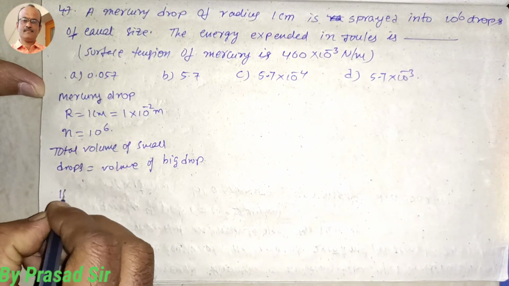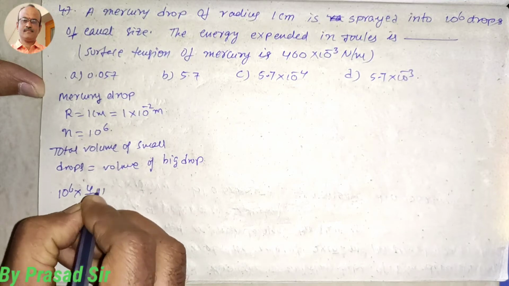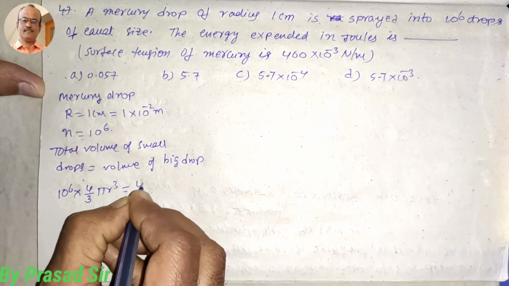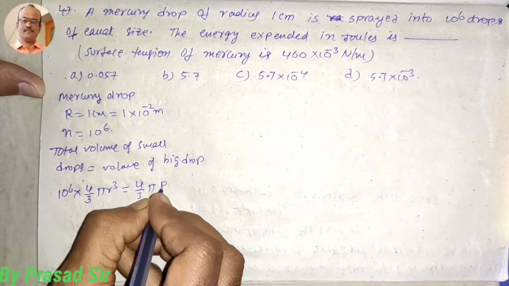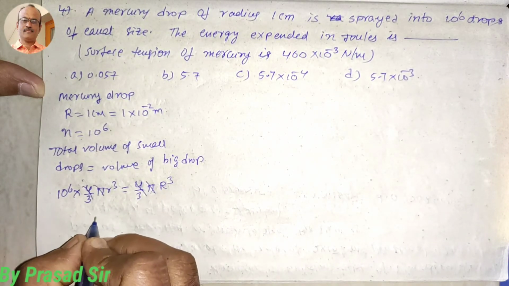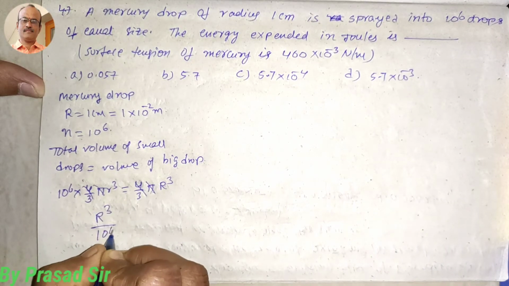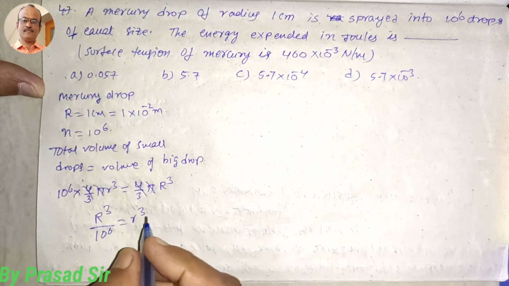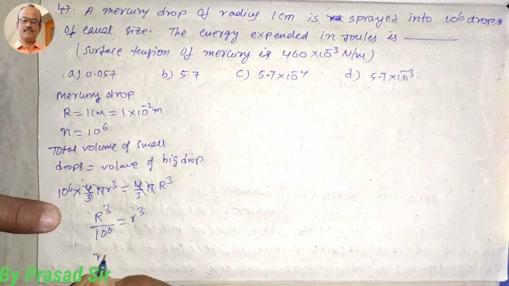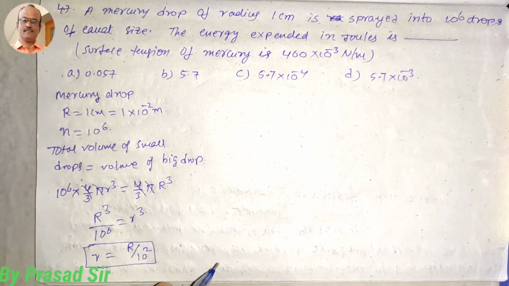So 10 to the power of 6 into 4 by 3 pi r cube is equal to 4 by 3 pi big R cube. 4 by 3 pi cancels. So R cube divided by 10 to the power of 6 is equal to small r cube. So small r is equal to capital R by 10 square. This we have to remember. This is the small r value.